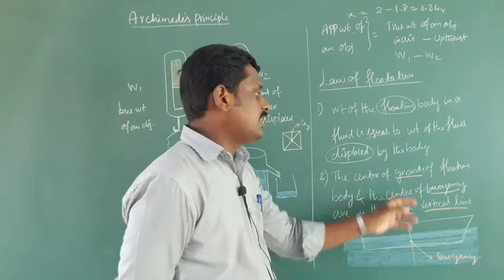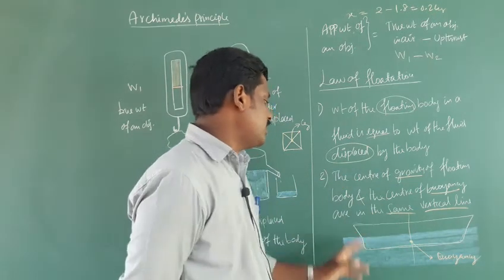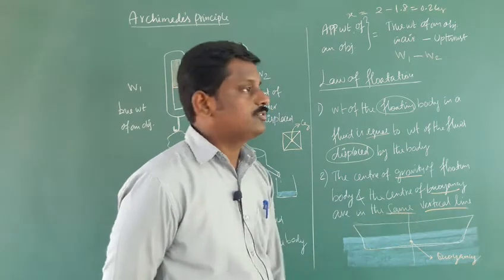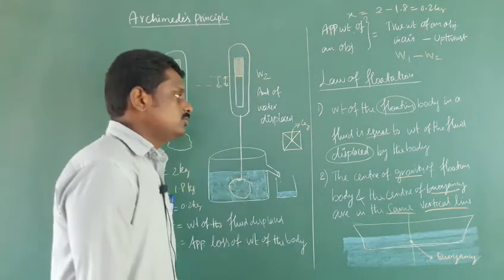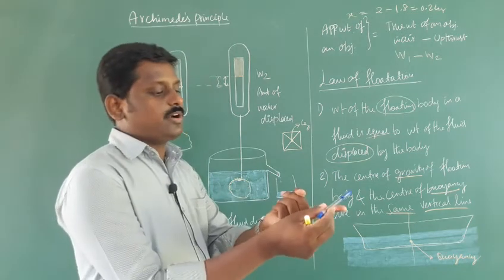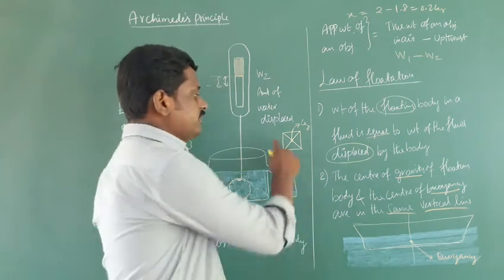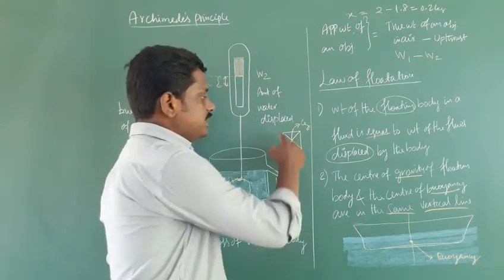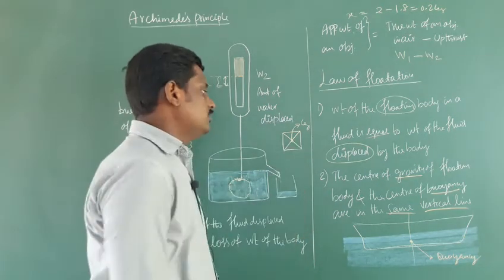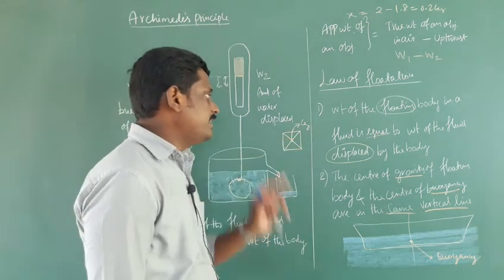Then the center of gravity of a floating body and the center of buoyancy are in the same vertical line. So what is the center of gravity? For example, the point at which I balance the pen is its center of gravity. For a square, draw the two diagonals, and where they cut is the center, and that point is the center of gravity.